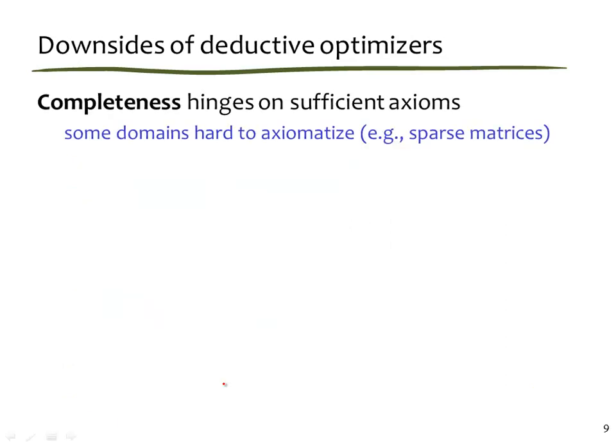The downside is completeness, by which I mean not being able to prove it fully correct, but actually completeness in the synthesis sense, the ability to generate any program that you like, that hinges, of course, on having sufficient axioms. So if you push a button, you don't really know whether the program that you want is going to be derived by applying a sequence of various derivations. Okay? And then there are some domains that are really hard to axiomatize, such as sparse matrices.